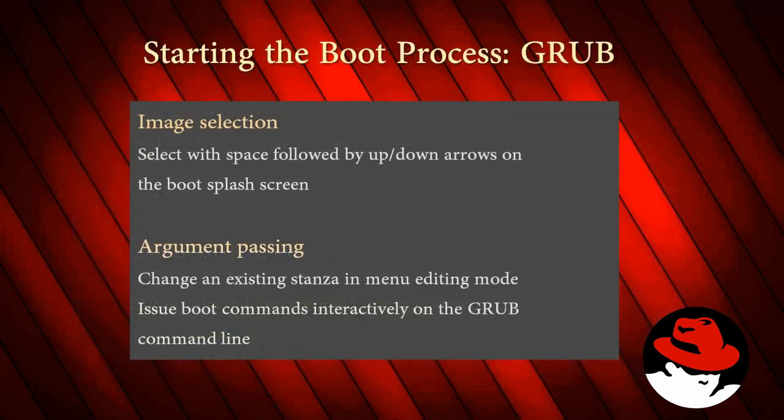The process starts with the image selection, the image of the OS. We select using the space bar followed by the up and down arrows on the boot splash screen. So what is image selection? Suppose in our desktop or laptop, we have two operating systems. The operating system is called an image: a Windows image and a Red Hat image, Windows 7 and Red Hat. Take it as that.